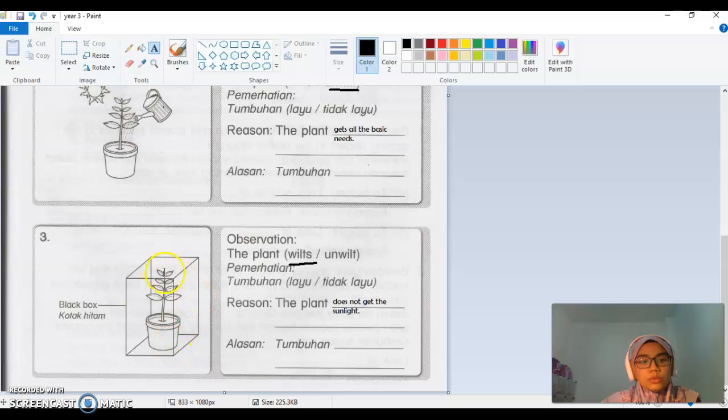So bila kita tutup dengan kotak hitam, dia tak akan dapat direct matahari. Kan, dia tak dapat direct cahaya. So bila dia tak dapat cahaya, dia telah kekurangan satu keperluan asas. So dekat situ dia dah tak boleh nak bertumbuh dengan subur. So that's why the reason the plant does not get sunlight. Alright.